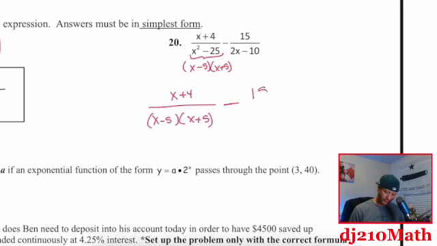15 on top, over. On the bottom, this is a GCF situation, right? Greatest common factor. So you could take out a 2 from everything. So this would be a 2, x minus 5. Okay.